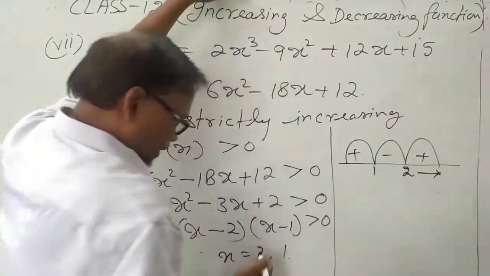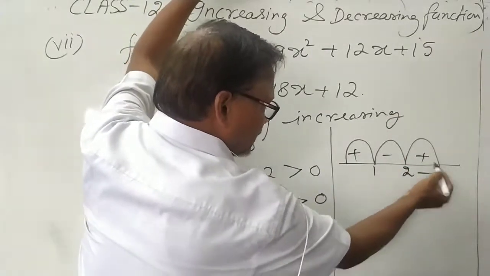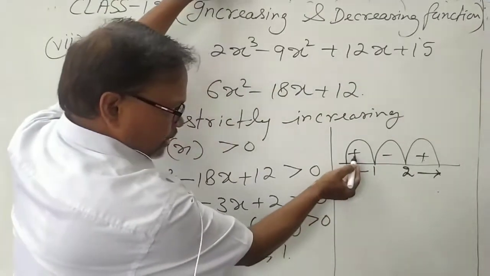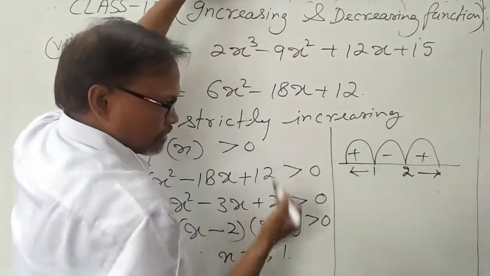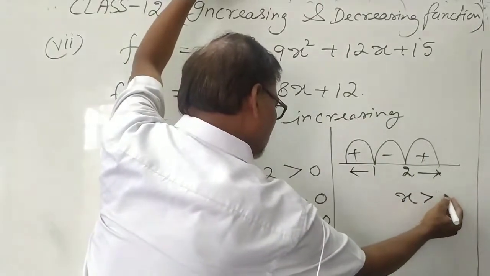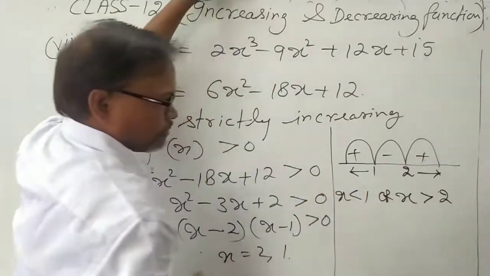Because it is greater than 0, so we move right hand side to get the greater than 0, and here we move left hand side to get the greater than 0. So the values of x will be greater than 2 or less than 1.